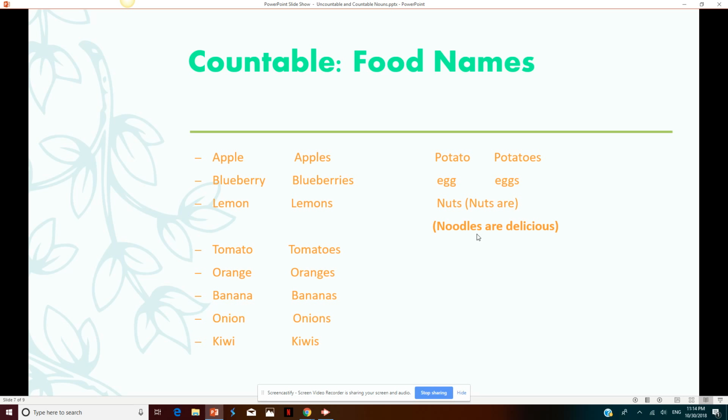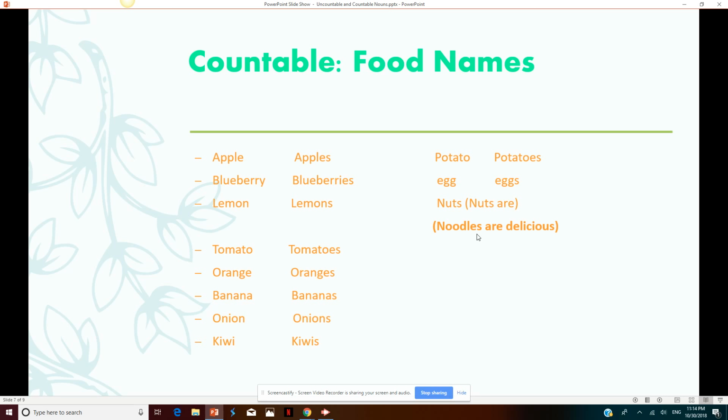We try to make sense of the language, but sometimes it's a little difficult because someone can tell me, "Hey, I can count the rice, but I cannot count the noodles." But in this situation, for grammar purposes, we need to learn this in this way.